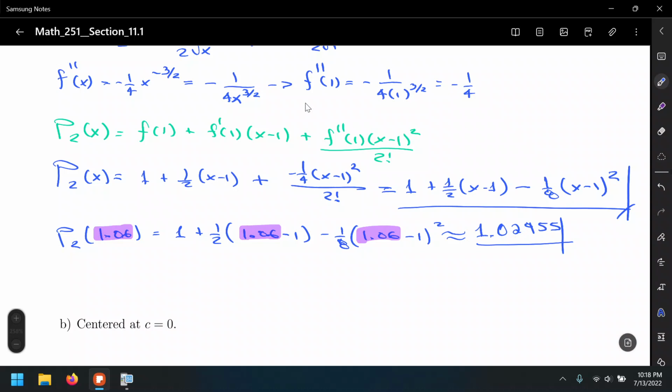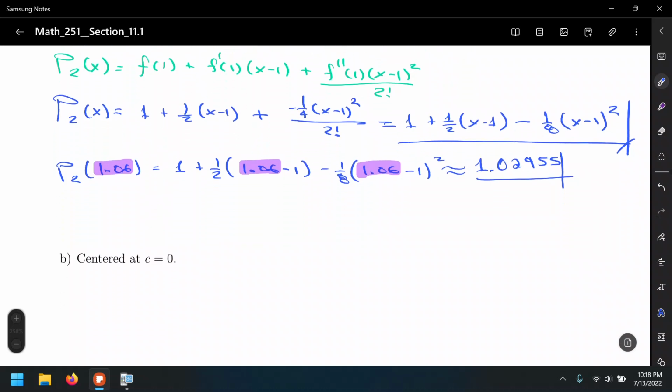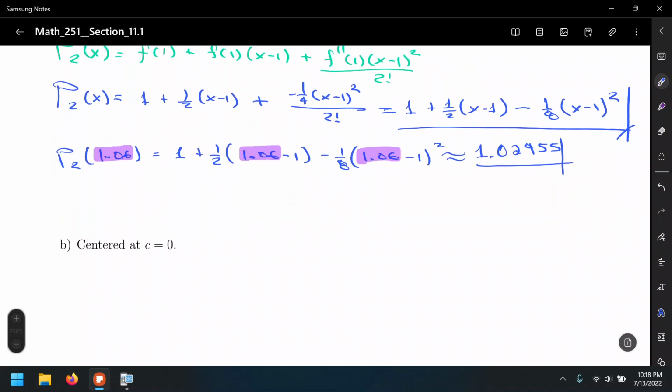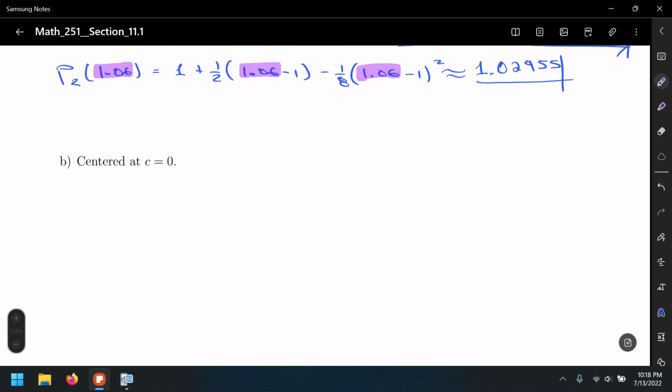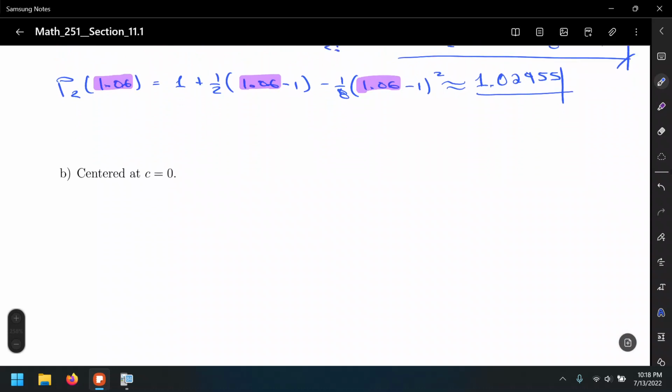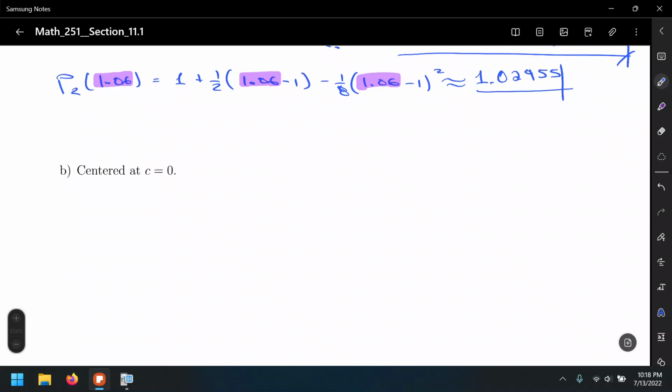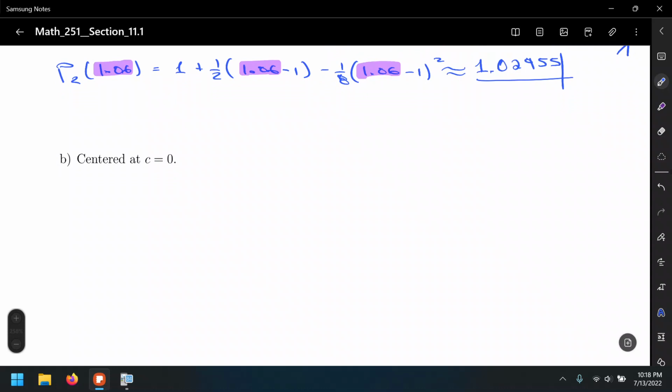Now we're going to come up with the same approximation, so we should get the same value. Well, maybe not the same value, we'll see. So now centered at c equals 0.